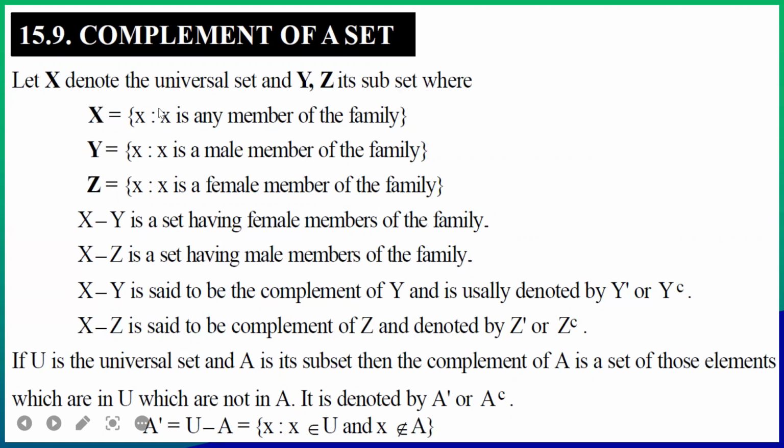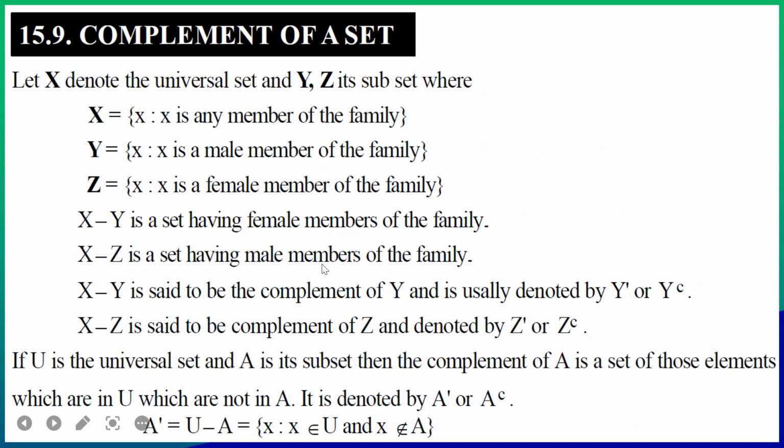Okay? And X minus Y is a set having members of the family that are not male. So those are female, which is also equal to C, right? Set C. X minus C, members of the family that are not female. So it's the male members.